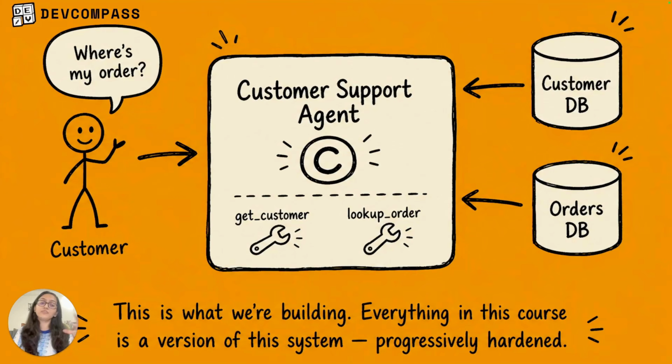Connected to the right are two databases. One is a customer database, which holds all the account records live, and the other is an order database, which has all the order records live. Inside the agent, there are two tools, get customer and look up order. So now it will talk to the relevant database and then fetch the information. This is a very simple premise. A customer asking something, the agent looking up the relevant data, the agent responding.